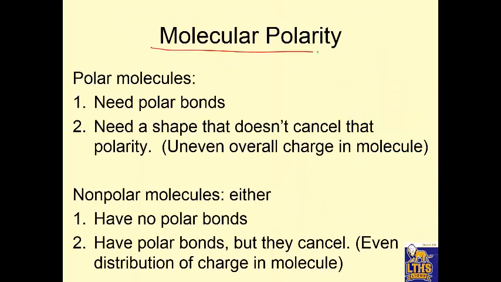So, write this down. Molecular polarity. Polar molecules need polar bonds. That's a must. And they need a shape. So bonds and shape: a shape that doesn't cancel polarity. Uneven overall charge in the molecule is what we're looking for in polar. Nonpolar molecules either have no polar bonds, so no polar bonds means nonpolar molecule, or they do have polar bonds, but those polar bonds even out the distribution of charge in the molecule.